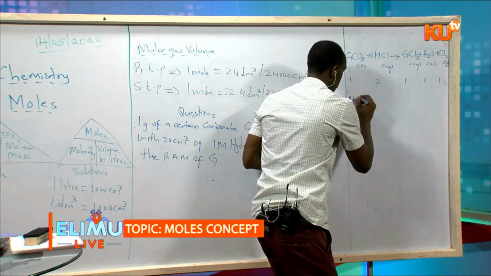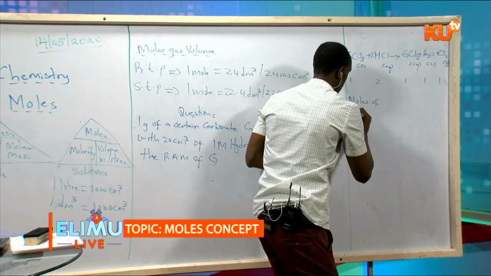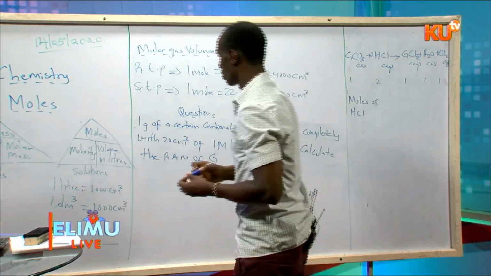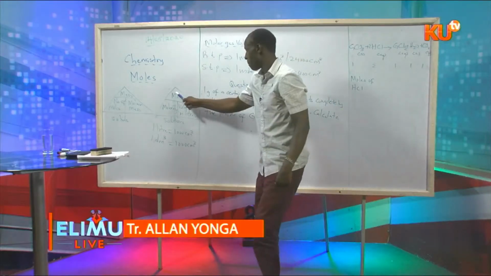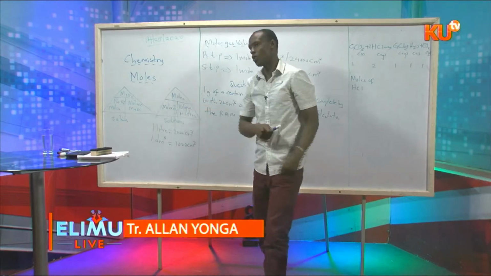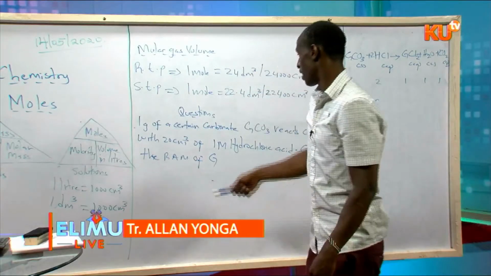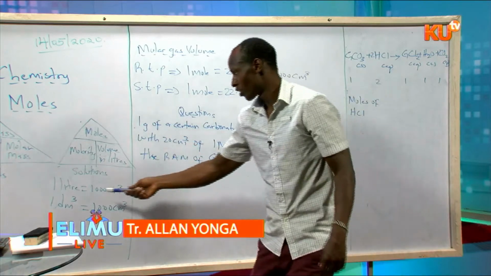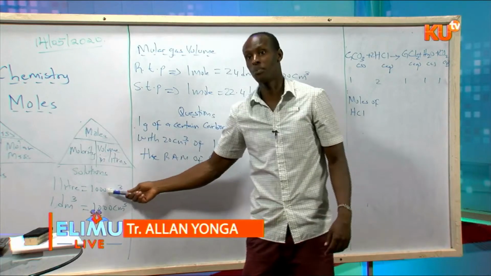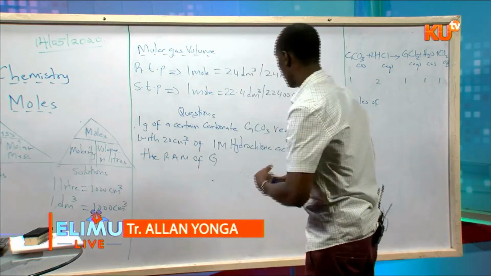So moles of HCl, go back to your triangles. When you have volume and molarity, which triangle do you use? Use this triangle. Moles is molarity times volume in liters. And you remember your volume has been given in centimeter cubed. So use this formula to change your centimeter cubed back to liters.